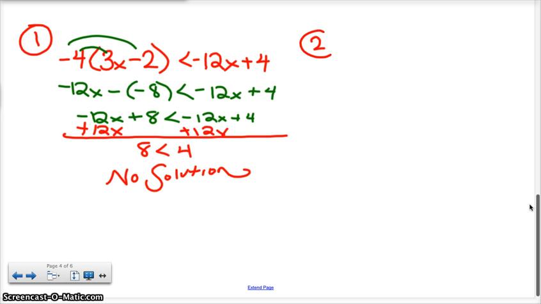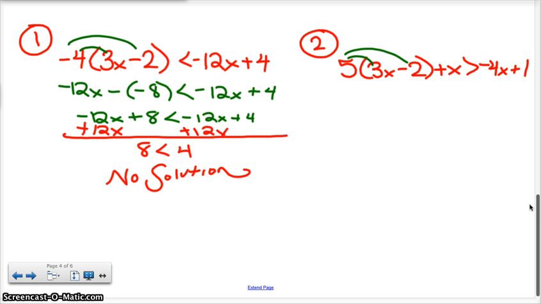I want you to do another example. 5 times 3x minus 2 plus x is bigger than negative 4x plus 1. Distribute. This is what I'm going to do first. 15x minus 10 plus x is bigger than negative 4x plus 1.